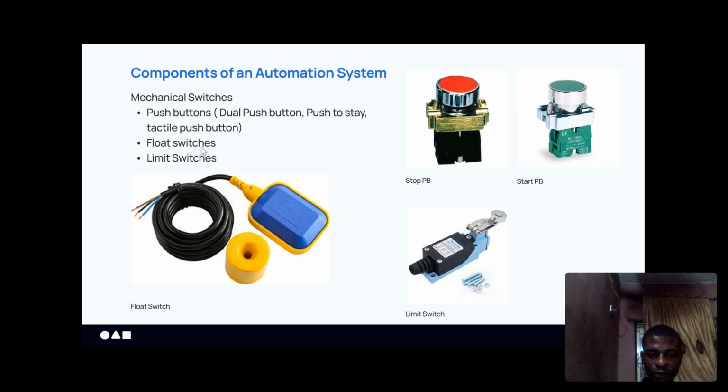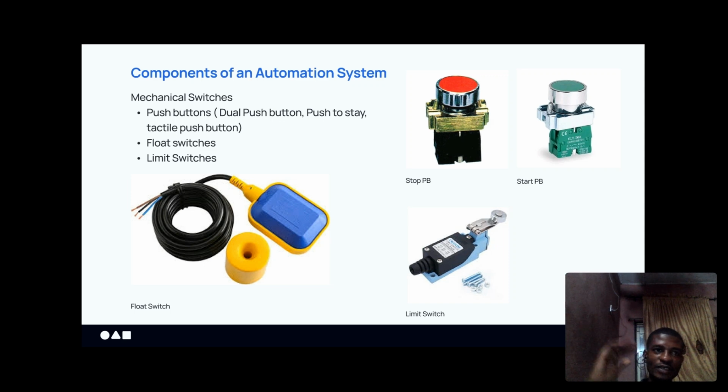Then we have float switches. So float switches are also mechanical switches, but they are used mainly for fluid, liquid, like water. For example, in the practical class, we are going to be looking at automating a tank.